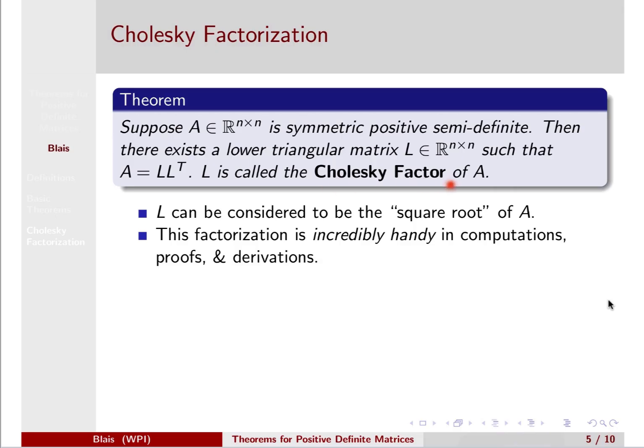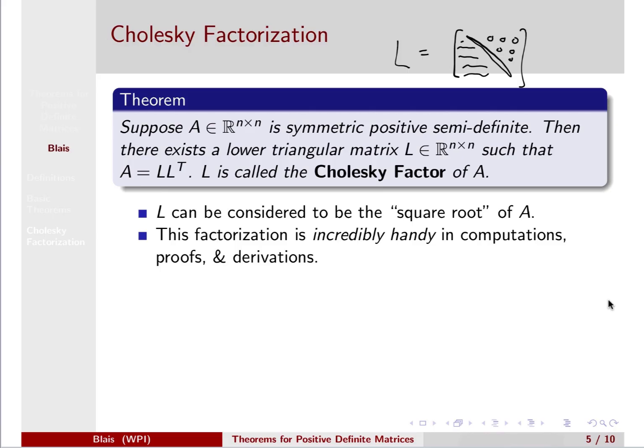L is called the Cholesky factor of A. Lower triangular means you have entries on the diagonal and below the diagonal, but everything above the main diagonal is 0.